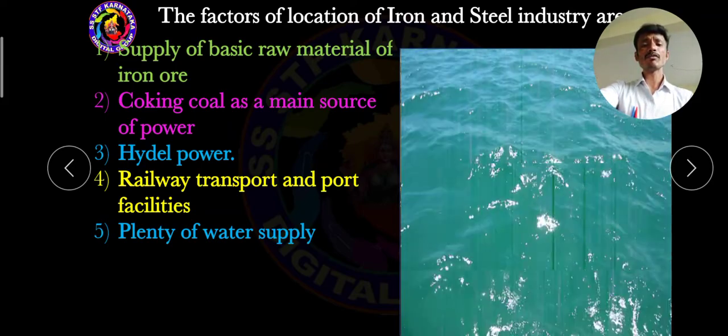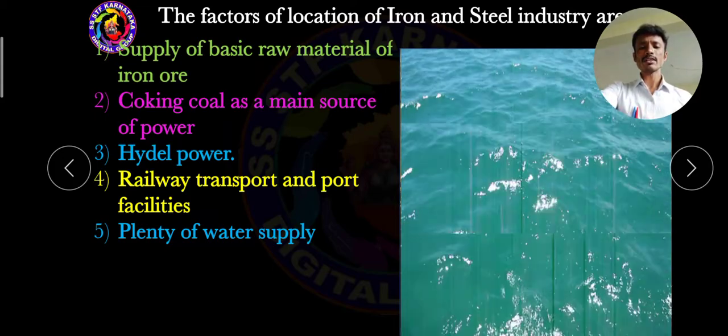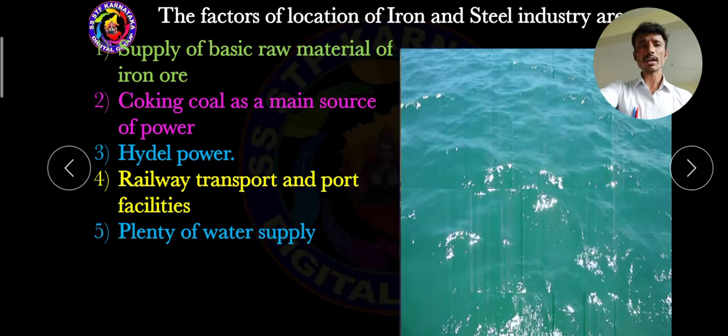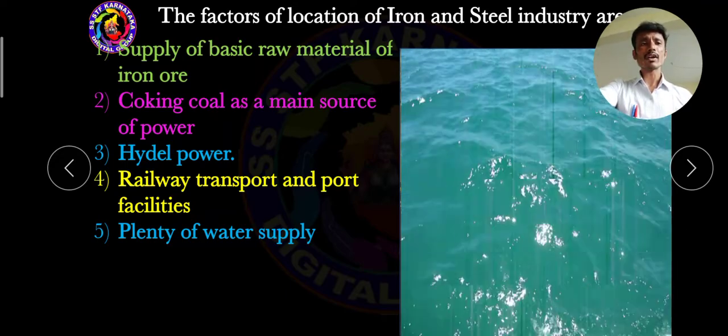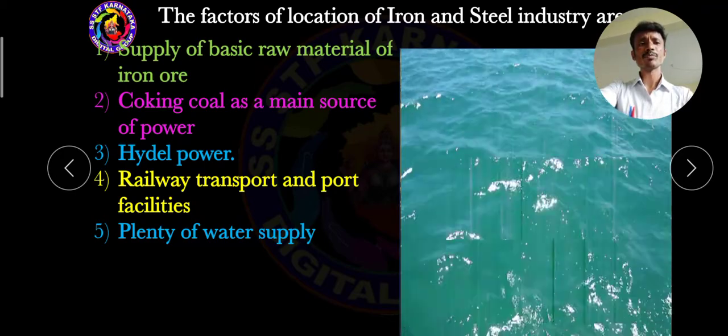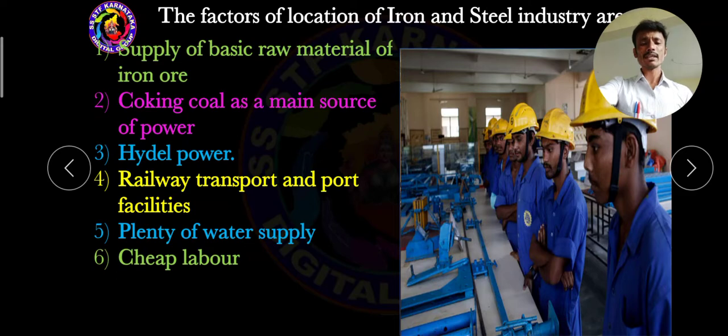And plenty of water supply. For these industries to run properly, we need pure, good water, which is essential. And cheap labor, not expensive; we need cheap labor also. This type of labor is also available in India.